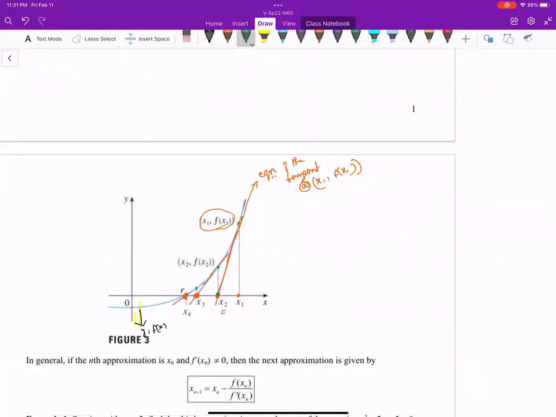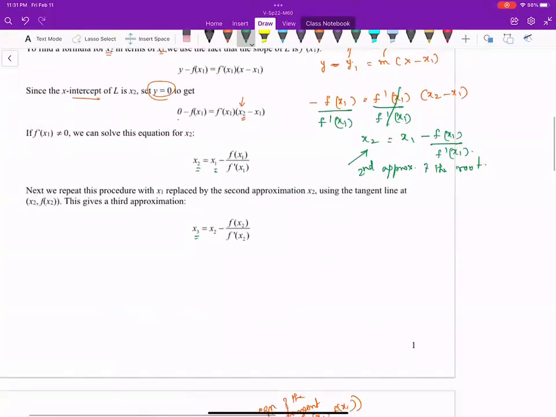It will be crossing at x2, f of x2. Then you draw the tangent line at x2, f of x2, the second approximation. And then you see where that tangent line crosses the x-axis, that is x3, which is even closer to the actual root than x2 and x1.